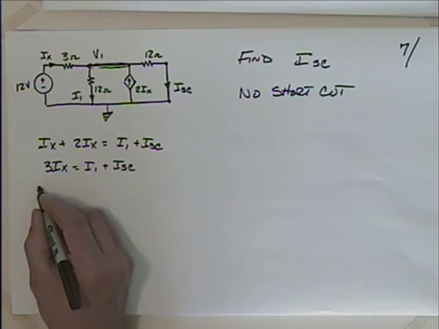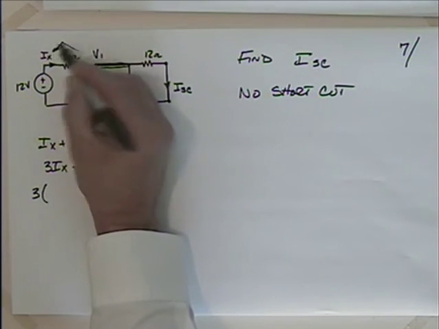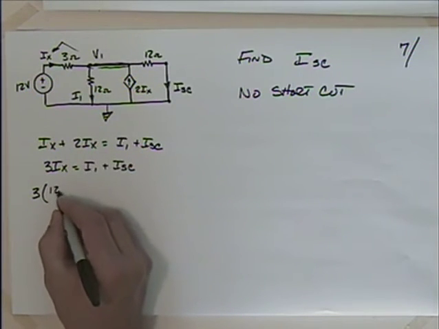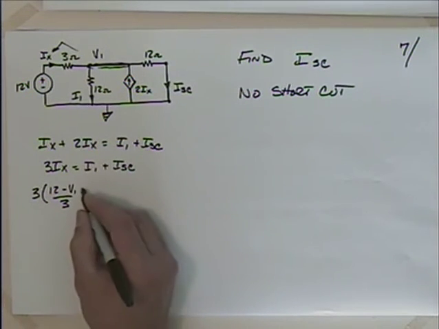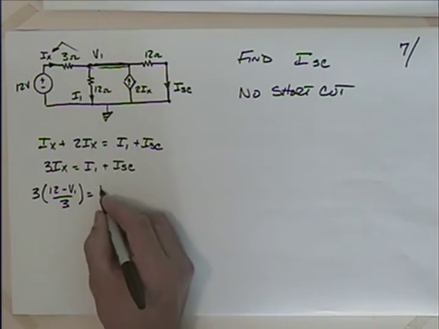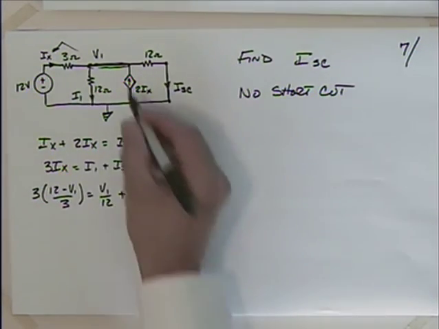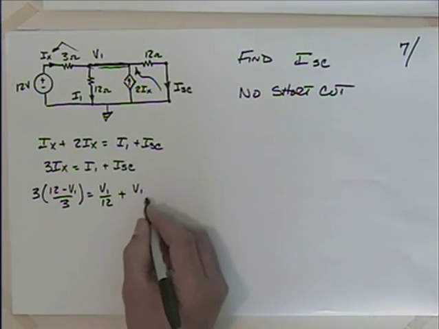And we're going to have then 3 times IX. Need to go that way, so that's minus V1 plus 12, (12 minus V1) divided by 3 is equal to I1, which is V1 over 12, plus I short circuit, which would be, well, that's fairly easy, V1 over 12 also, right?